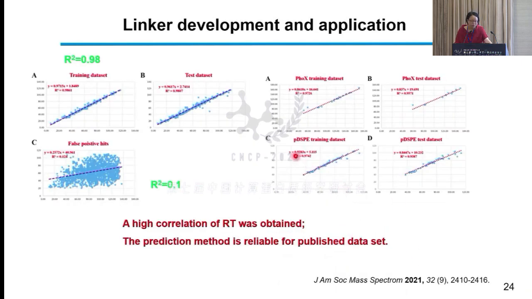We found that the retention time is highly correlated for cross-linked peptides and monolinked peptides. A high correlation was obtained both for the training dataset and the test dataset. We further applied our method to reported datasets, including FOX and PDSPE, and the prediction is also highly reliable.